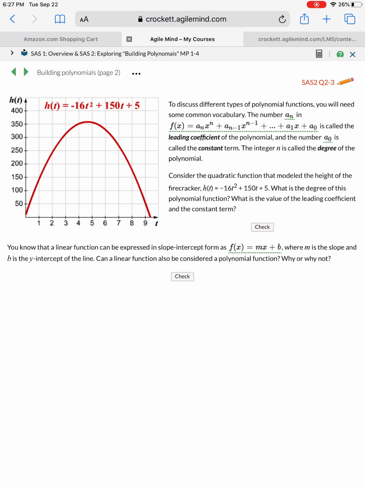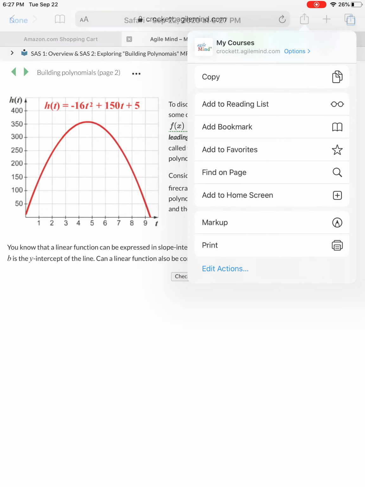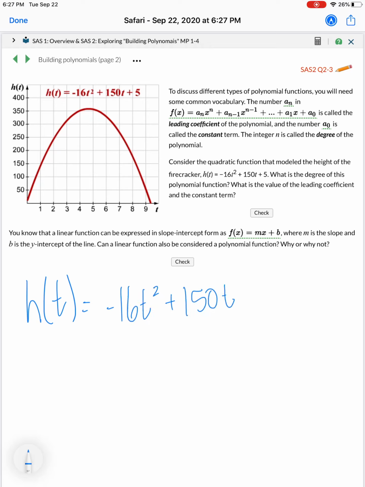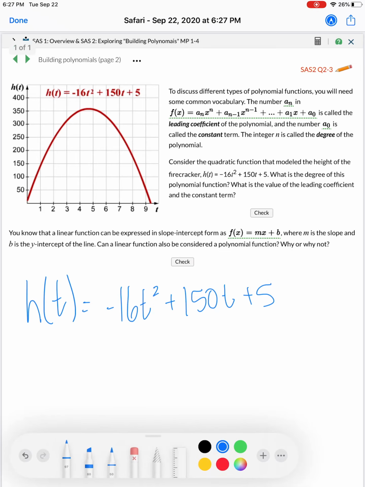So on number 2, let me get my pen, if I remember how to do this way. Okay. It says consider the quadratic function h of t equals negative 16t squared plus 150t plus 5.